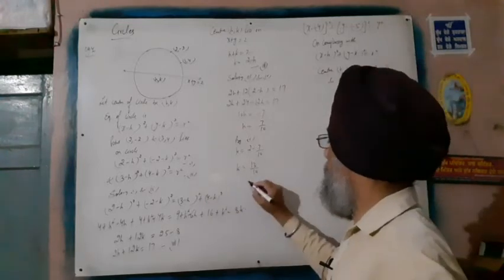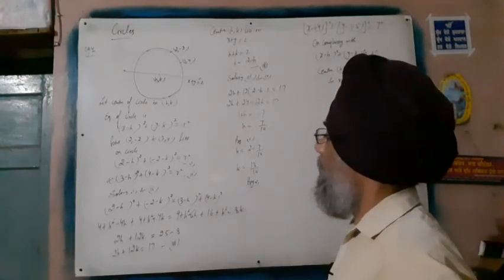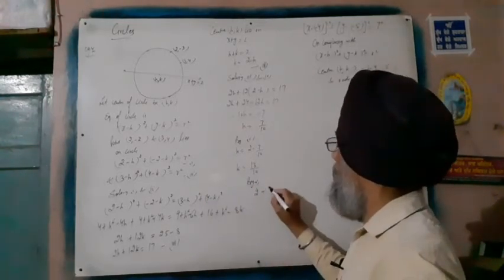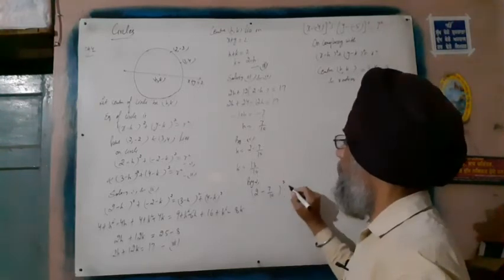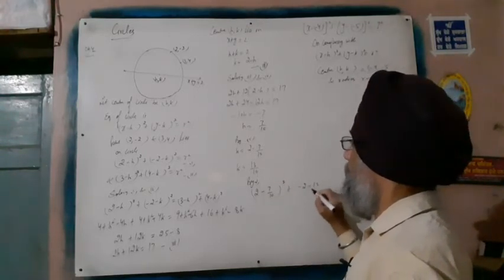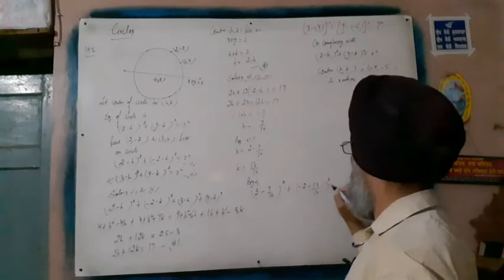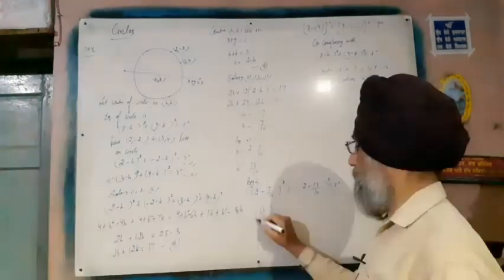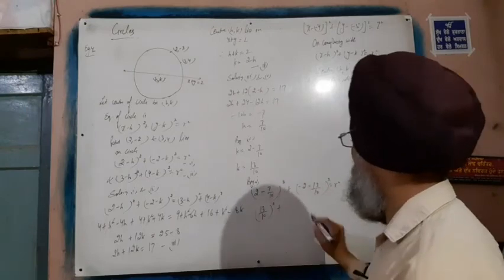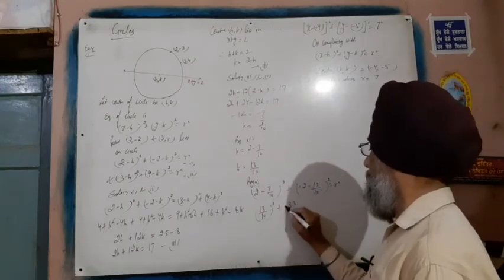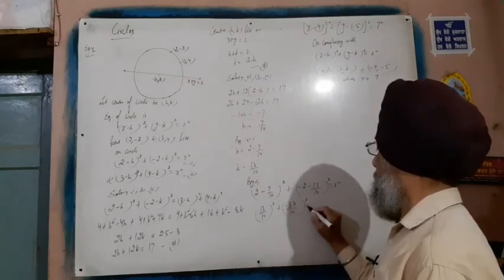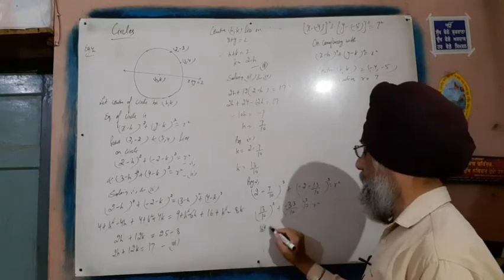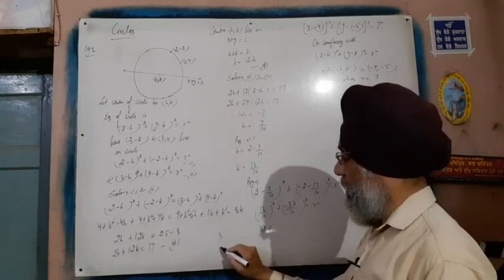So by first, क्या लिख सकते हैं, 2 minus 7 upon 10 whole square, minus 2 minus 13 upon 10 whole square is equal to r square. 20 and 13, 33. 169 and 33, 60.